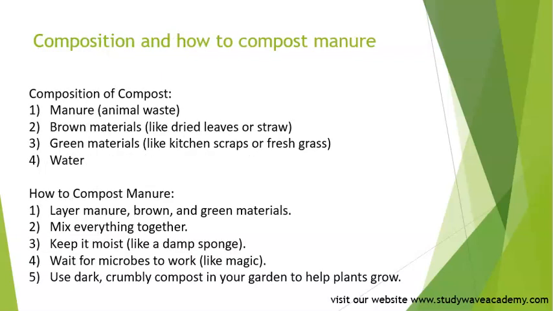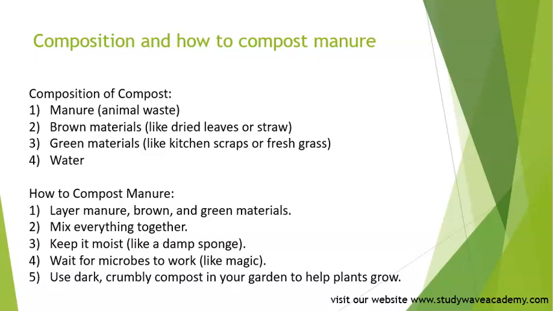Then composting and how to compost manure. How do we go about it? In composting of manure, you first of all get the manure. The manure is the animal waste, right? Like cow, chickens, or horses.